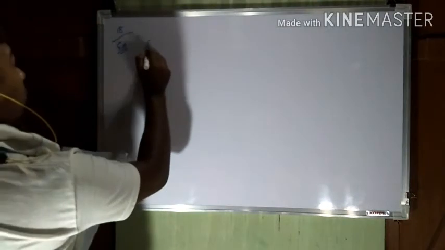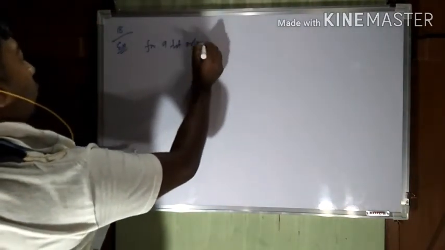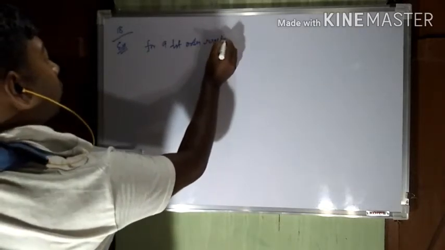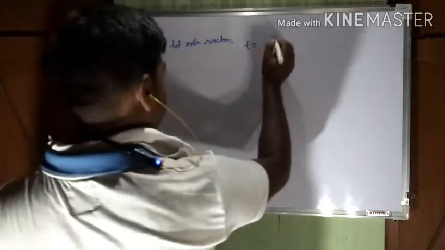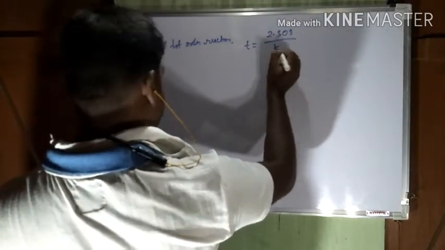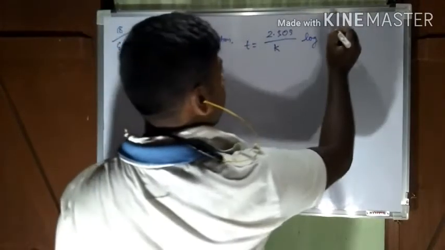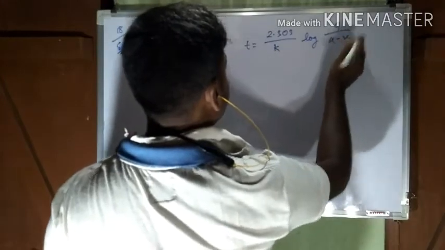See, for a first order reaction we know t equals 2.303 divided by K log of a by a minus x.